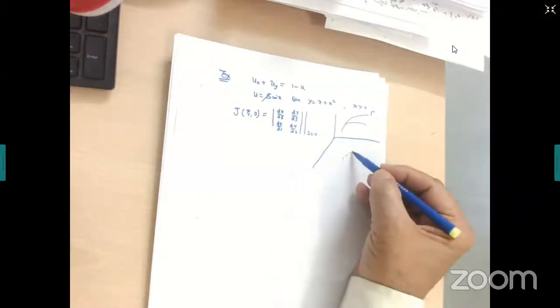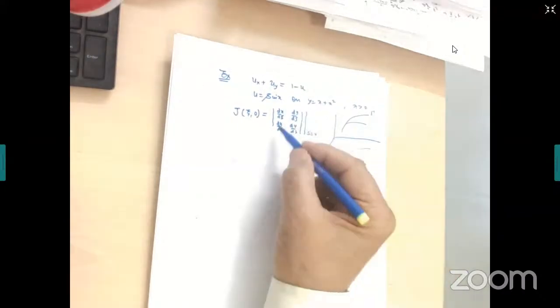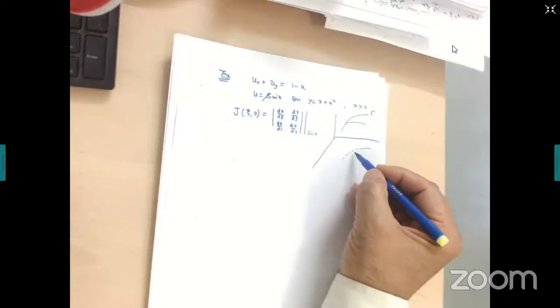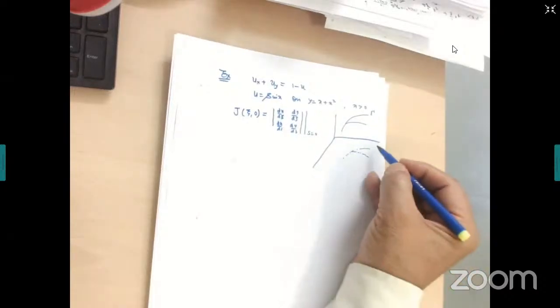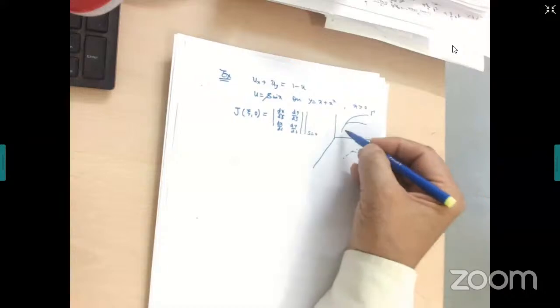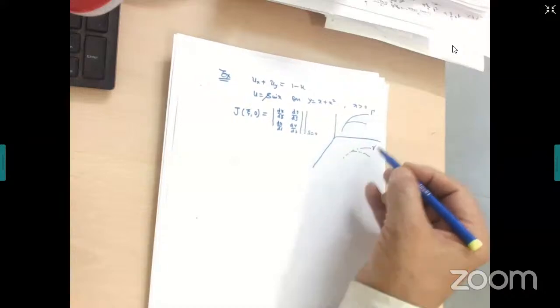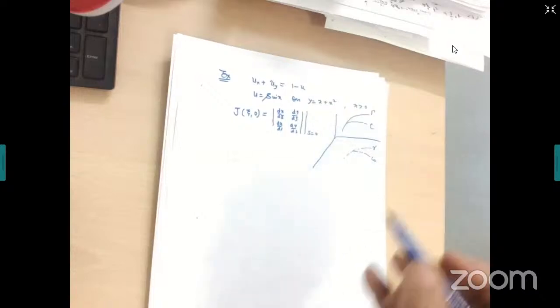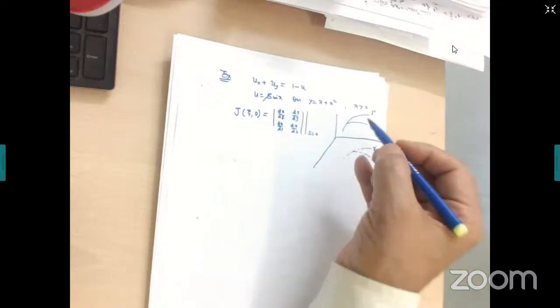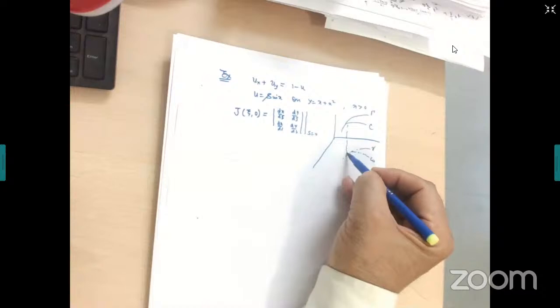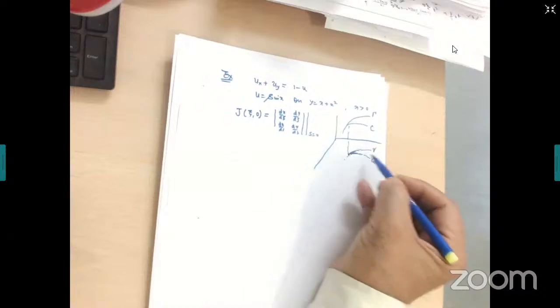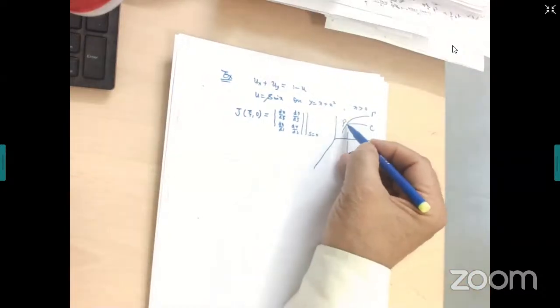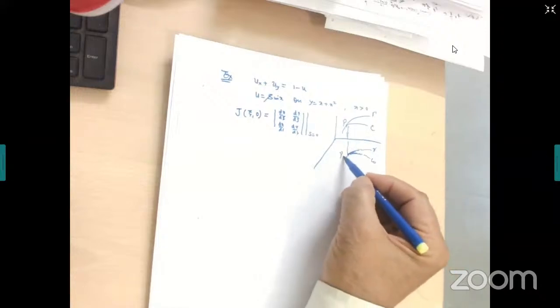And this is your base curve. So this is the projection of the space curve, and this is the projection of the space characteristic curve. Let me call this point P and this point P naught.